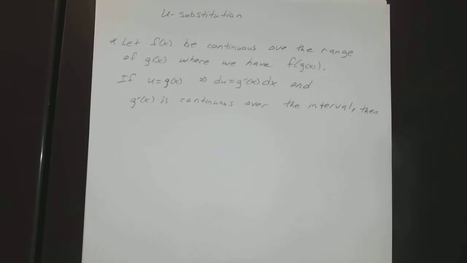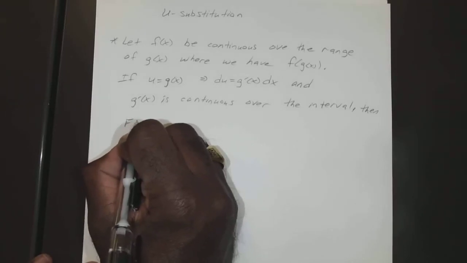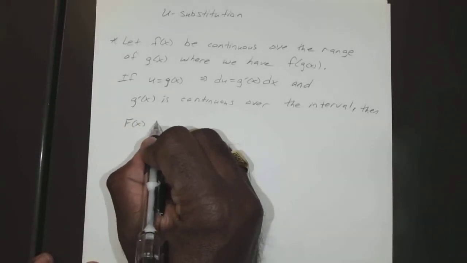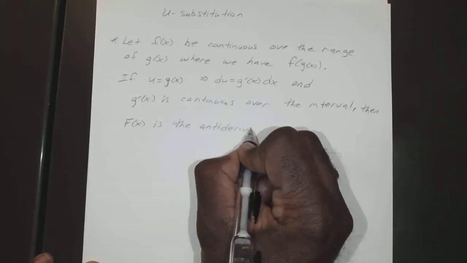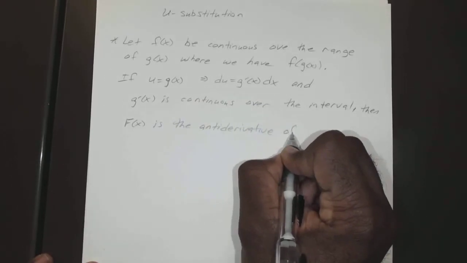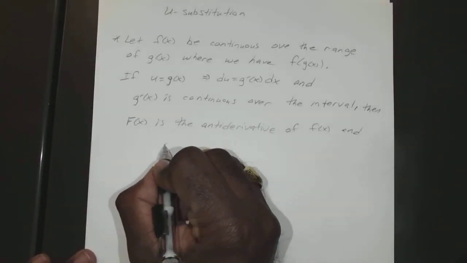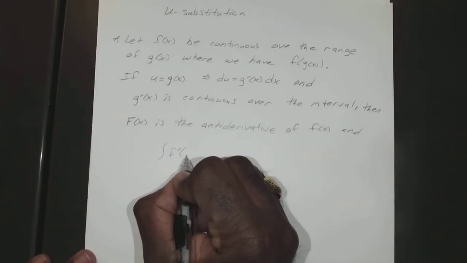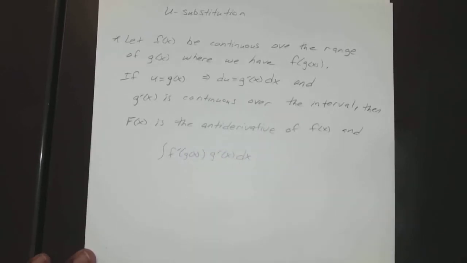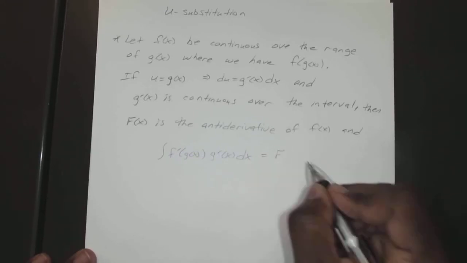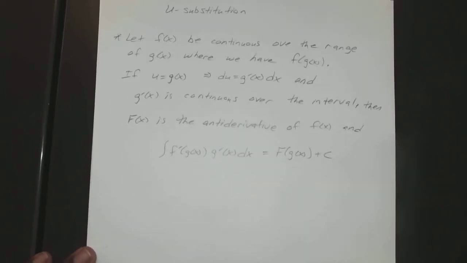Then if we have an antiderivative, we'll call it capital F of x, the integral of f prime of g of x times g prime of x with respect to x is equal to f of g of x plus c.